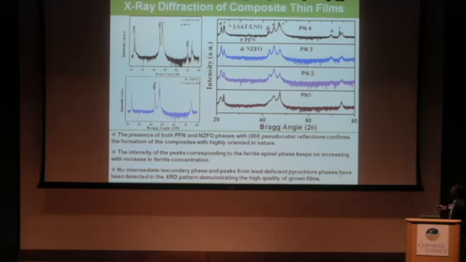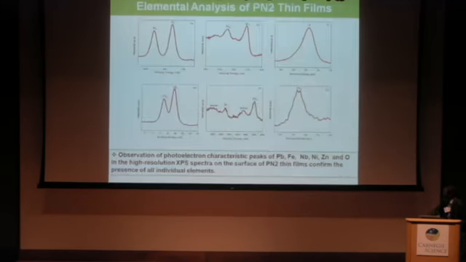And here we also observe that with the increase of magnetic content, the intensity of the NZFO peak goes on increasing, and we did not find any intermediate or secondary phases, or peaks from lead deficient pyrochlore phases. So from the X-ray diffraction, we can tell that the quality of the films is good.